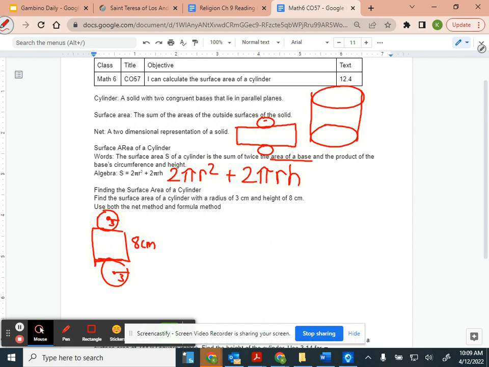So, first thing we want to do is find the area of our circle. Pi r squared, yes. Do you know what it is? All right, so remember we want to do pi r squared for the circle. So that's pi, the radius is 3 squared. So what is that, Bria?